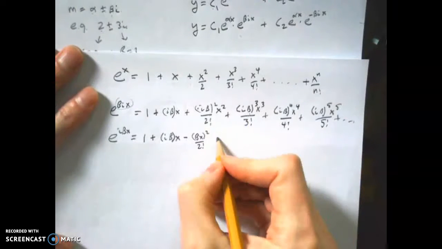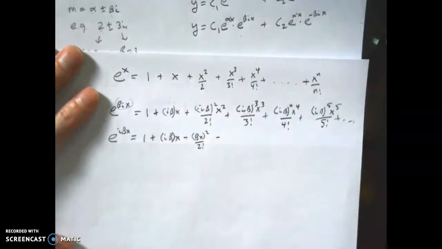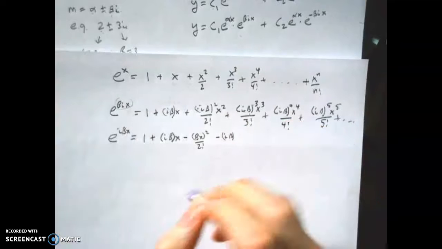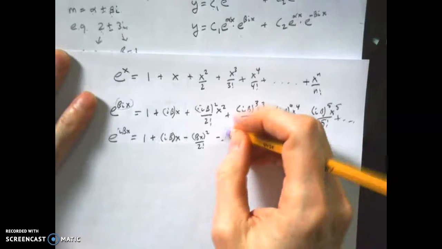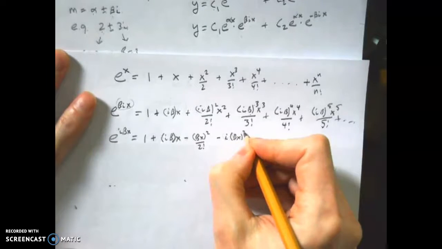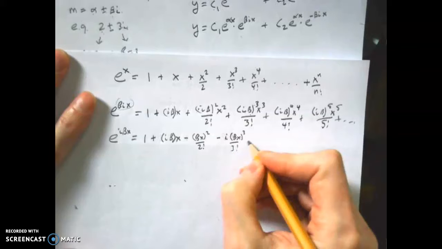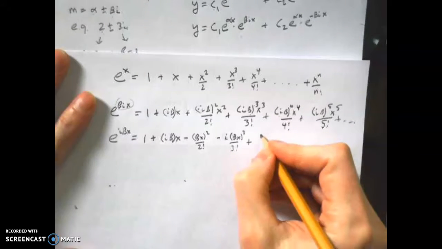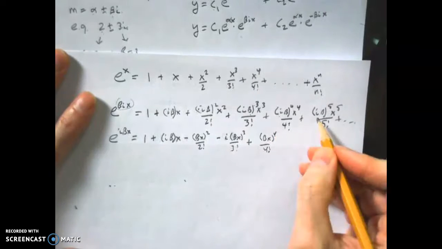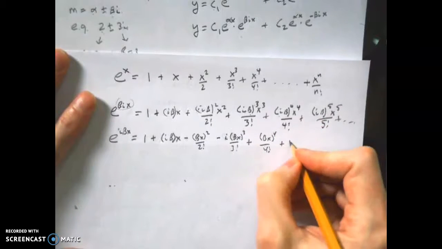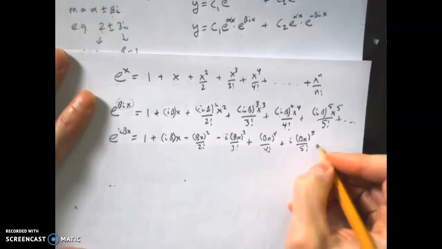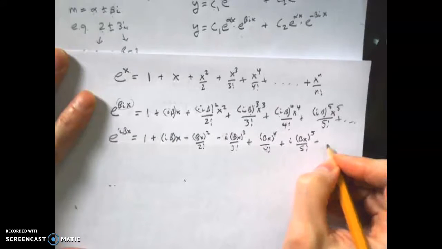And then this becomes minus, the i cubed gives you a minus i, so minus i beta cubed x cubed over 3 factorial plus i to the 4th is just 1, so now we're going to have beta to the 4th x to the 4th over 4 factorial plus, and then i to the 5th is just i, so plus i beta to the 5th x to the 5th over 5 factorial. And then the next one will be minus dot dot dot.